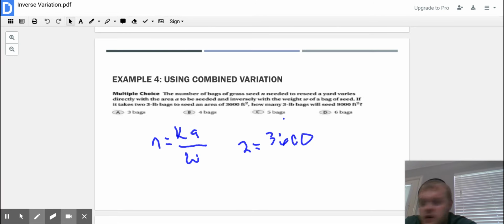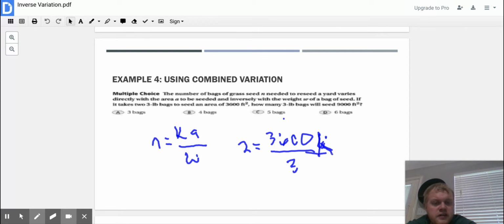And then we also have what we're trying to solve for here, which is how many 3-pound bags, and remember, that's the weight. So we're looking for 3, and then we don't know what our constant is, so we're going to put that as K. So 3,600 K, and we're looking for 3 300-pound bags.